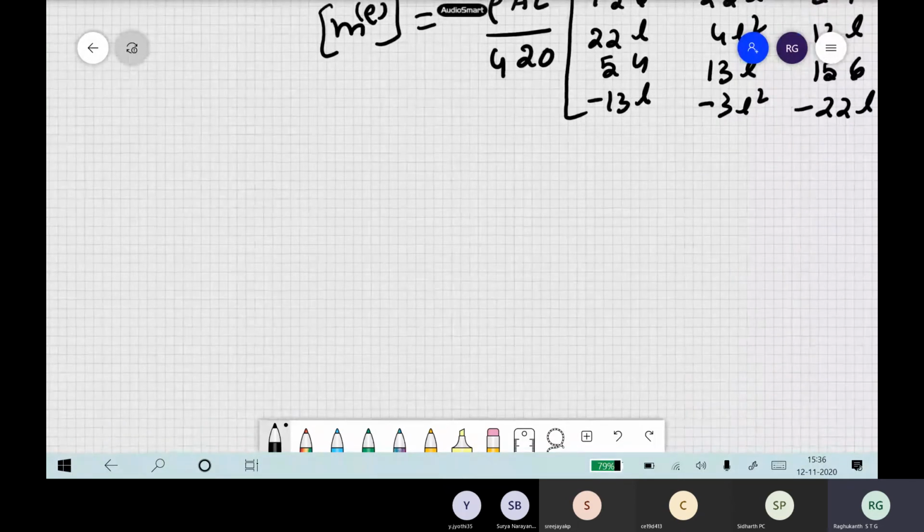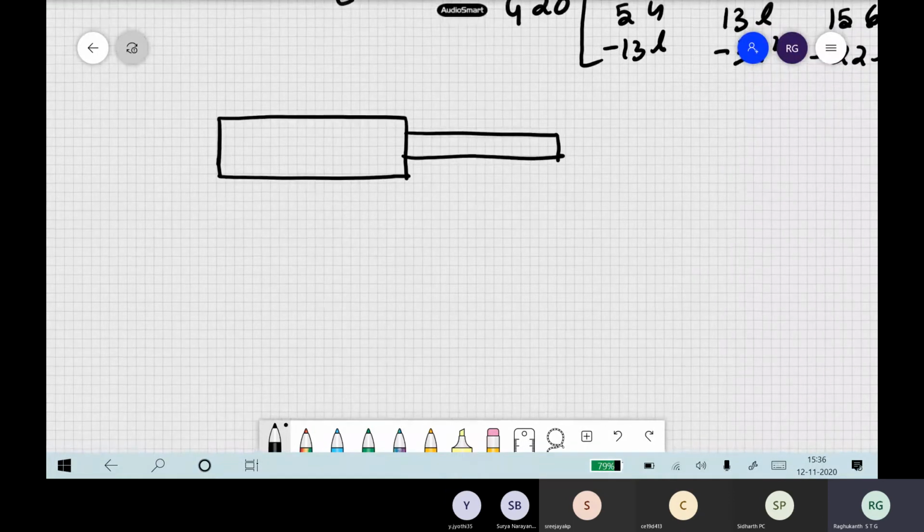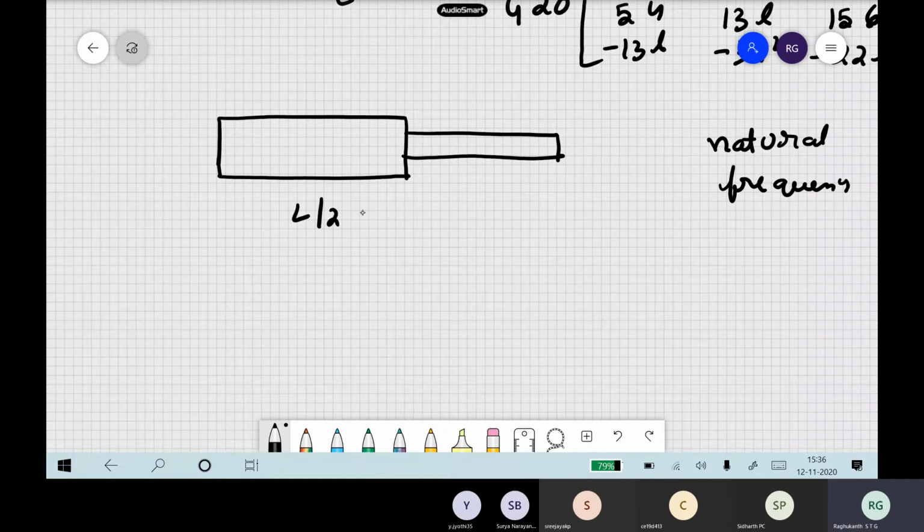Let us say you have a stepped bar. The bar is like this. We will use a simple bar element. I want to find out its natural frequency using finite elements. What is the first step? These are the dimensions, L by 2, and this is also L by 2.